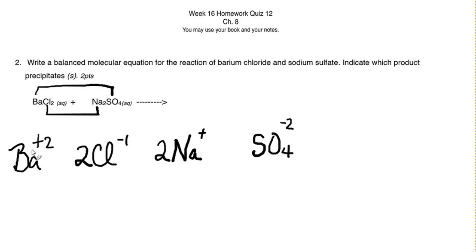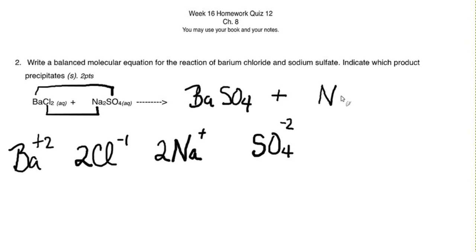So the barium, which is +2, can possibly join up with the sulfate to give us barium sulfate. Barium's a +2, sulfate is a -2, so 1 barium and 1 sulfate would give us a total charge of 0, because +2 and a -2 makes 0. So that's that one.